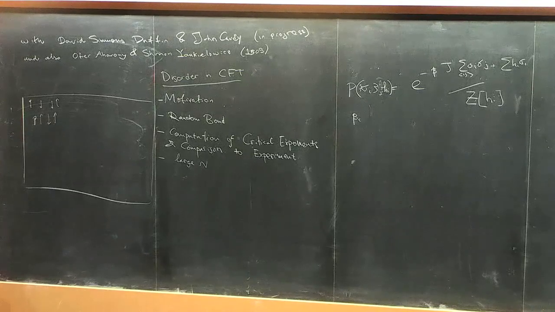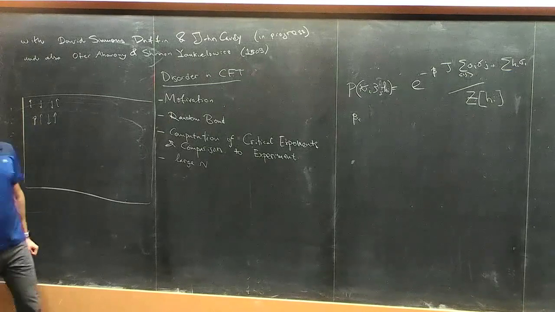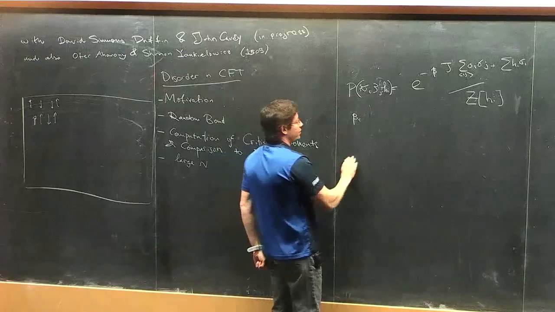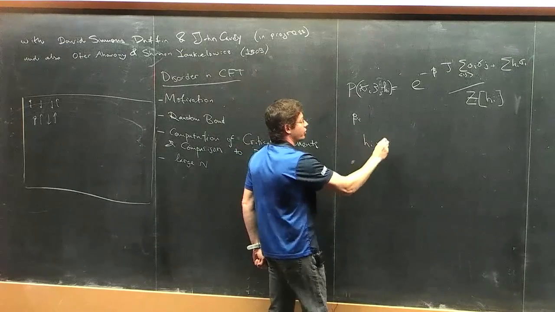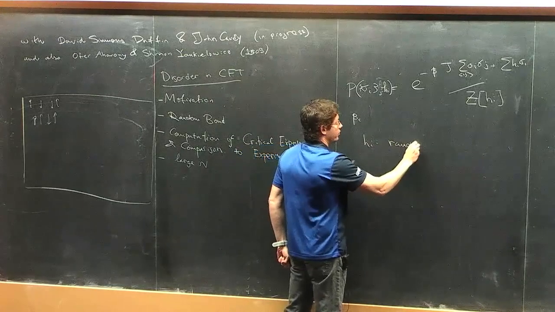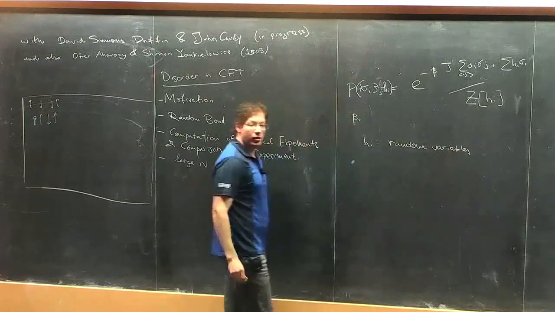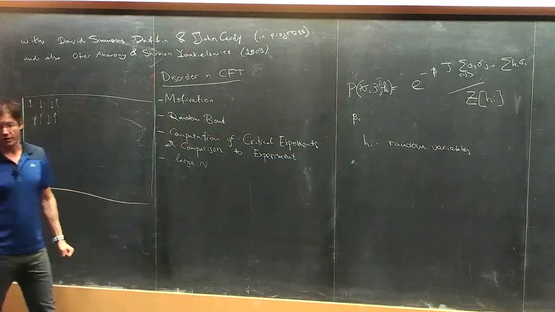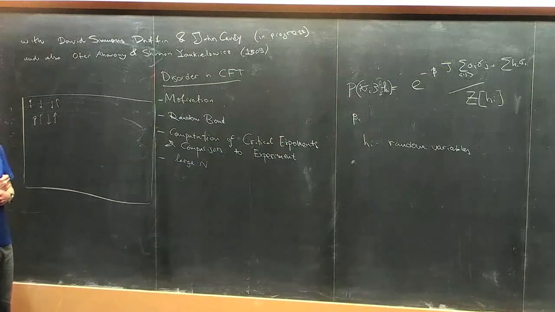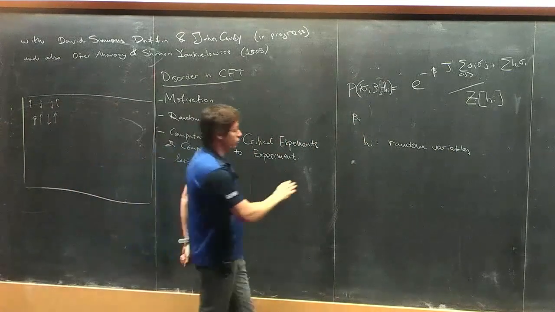But to model these experimental situations where the external magnetic field is not quite known, we can imagine that the H_i are actually random variables. They could be really small, but they're still random variables with, let's say, a very small Gaussian distribution.